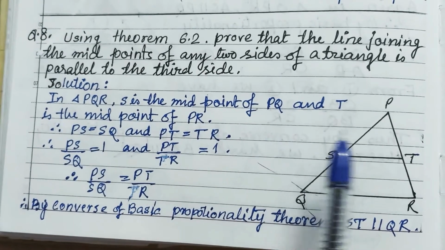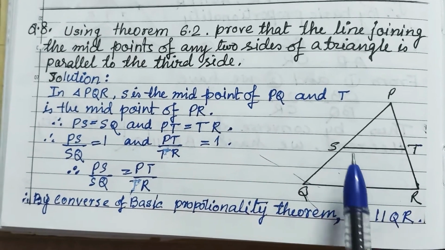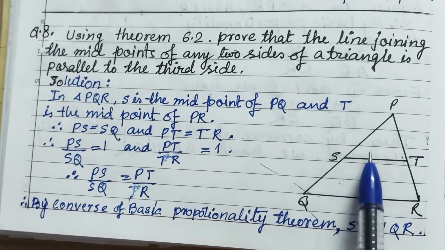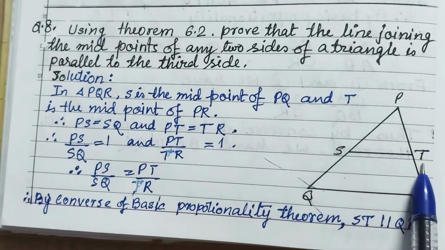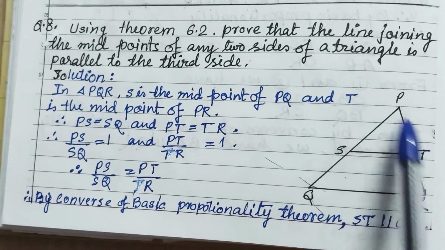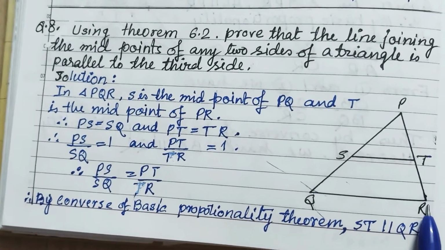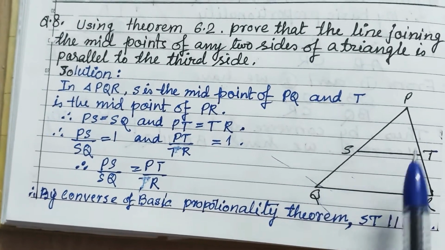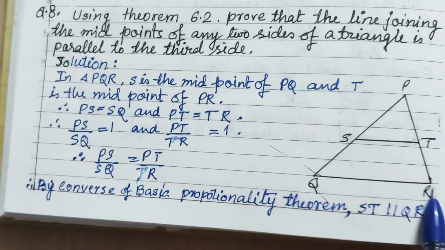Now in triangle PQR, S is the midpoint of PQ and T is the midpoint of PR. So PS is equal to SQ and PT is equal to TR.